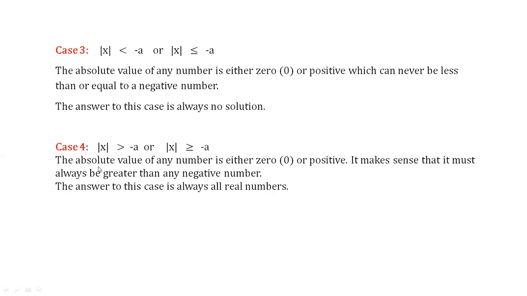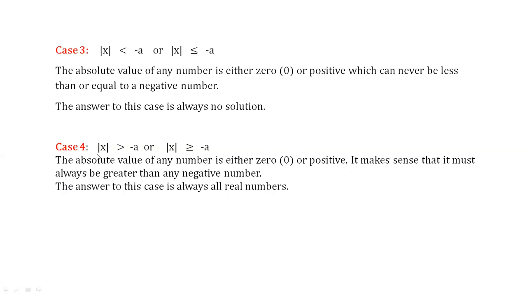The absolute value of any number, as we all know, is either 0 or positive, as we have learned above. The absolute value of a number is either 0 or positive. So it makes sense that it must always be greater than any negative number.